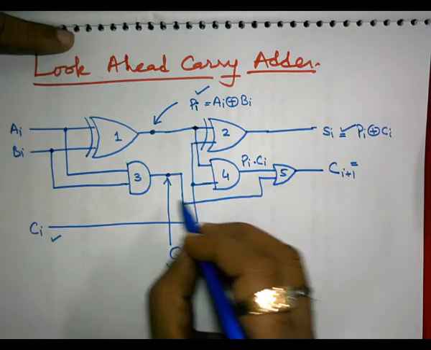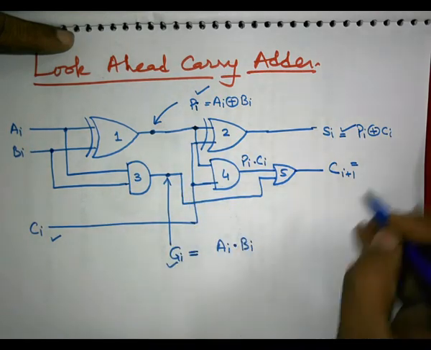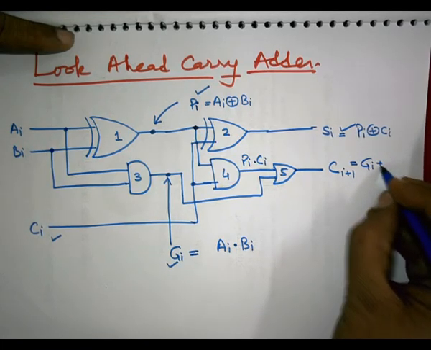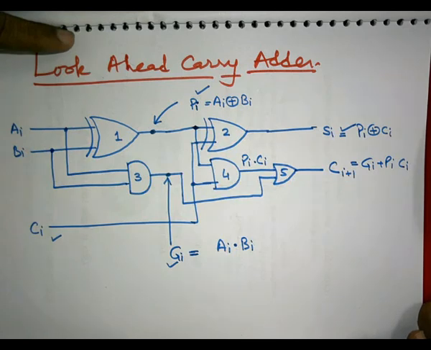So this is GI, okay, GI added with PI CI. Getting my point?